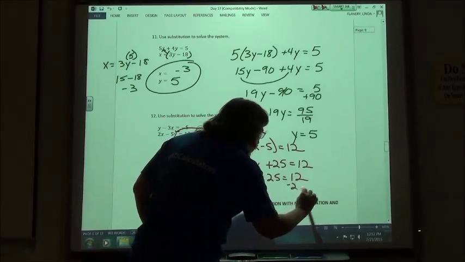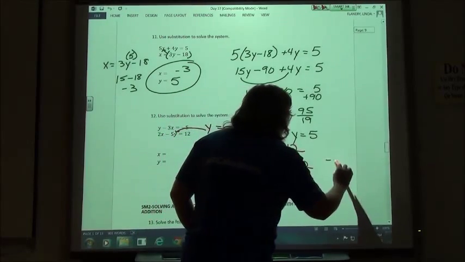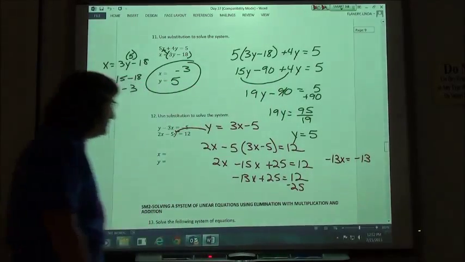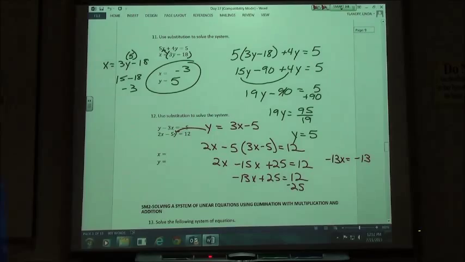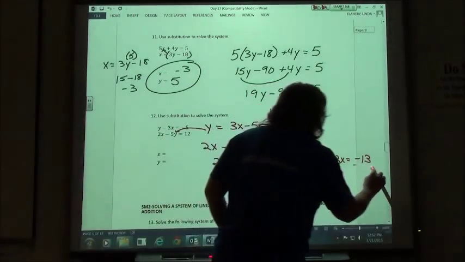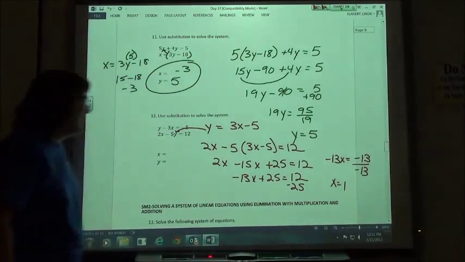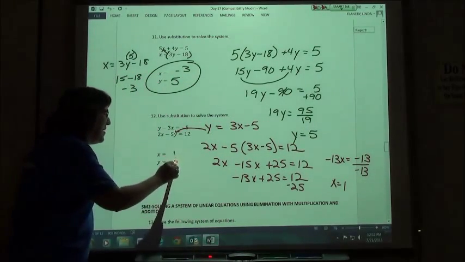I'm going to subtract my 25, so negative 13x equals negative 13. So x is going to equal 1, right? I figure you guys know how to solve. So x is equal to 1.